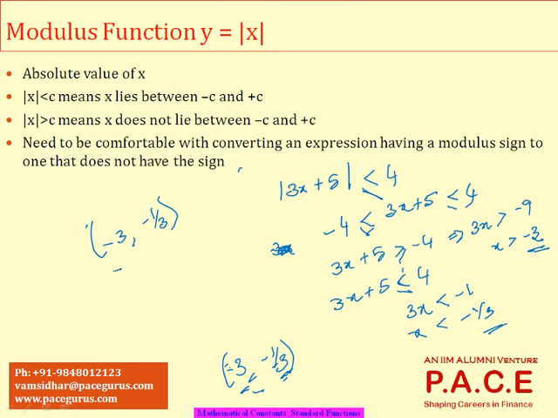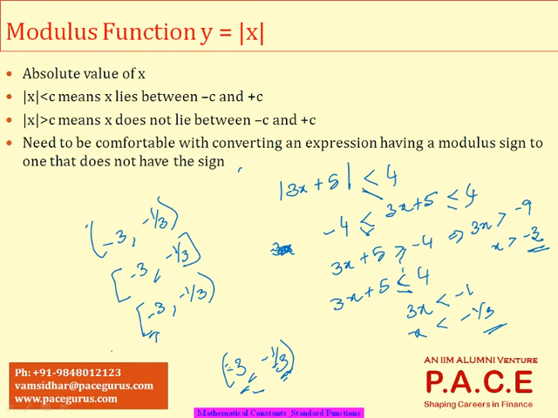But with a square bracket, both of them are included. Sometimes people write a square bracket only on the first one, which means minus 3 is included in the solution but not minus 1 by 3.